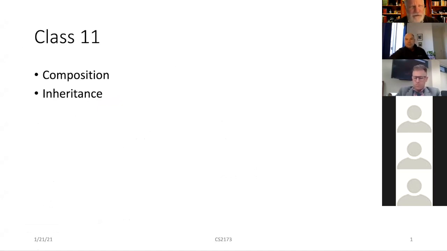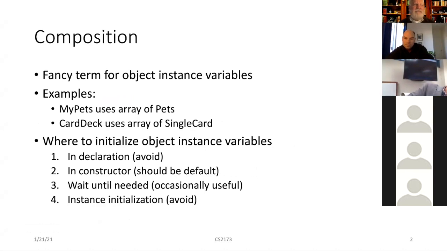So today the two words are composition and inheritance. We've talked about inheritance. Composition is really a fancy term for using instance variables that are objects. And actually what we were just saying about the toString is kind of how composition is being used.